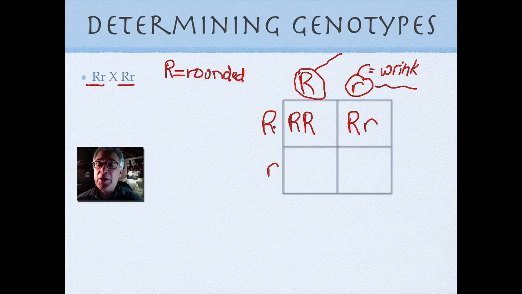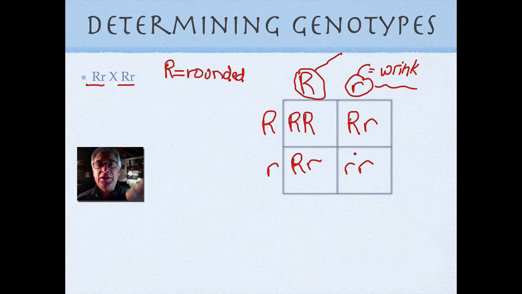The big R is from the ovary, and the little r is from the pollen. Then over here, this pollen grain, if it fertilizes that ovum, we're going to get a seed that has a genotype of big R, little r. And if this pollen grain fertilizes that ovum, it's going to be little r, little r.